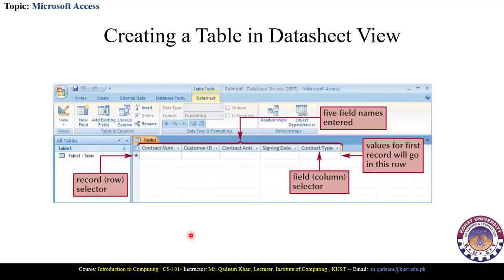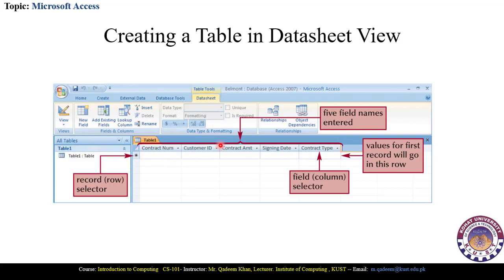Now this is the GUI that will in fact help us to create the database. You can see here is Table 1, and here is the column that defines that it is a table. When we right click here and then open the table, we will see different attributes of the table: contract number, customer ID, contract amount, signing date, and contract type.